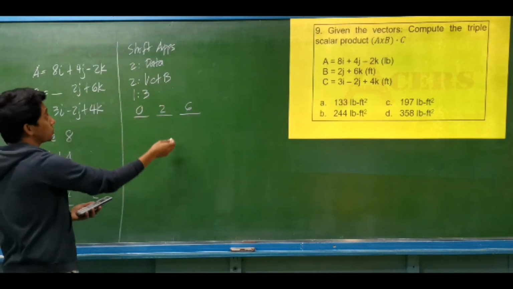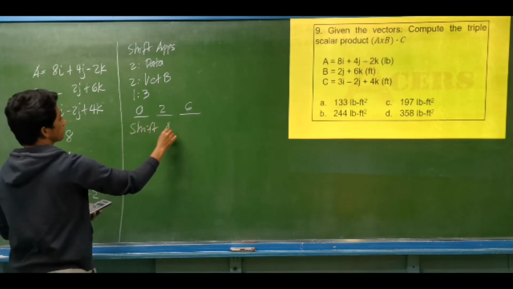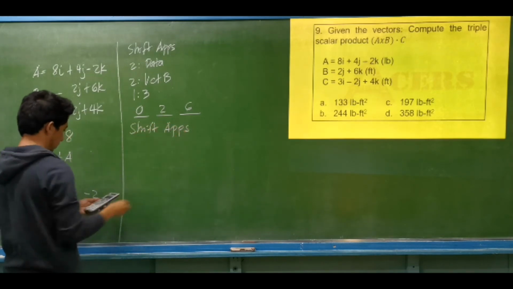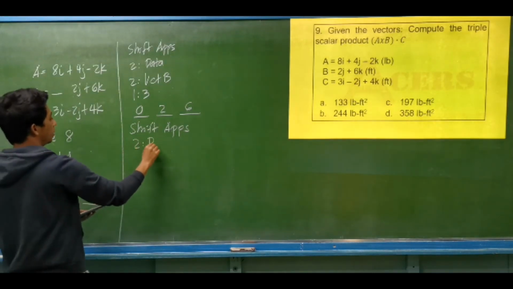Then just repeat the process to input the data. We have shift ups, and then number 2 for the data.